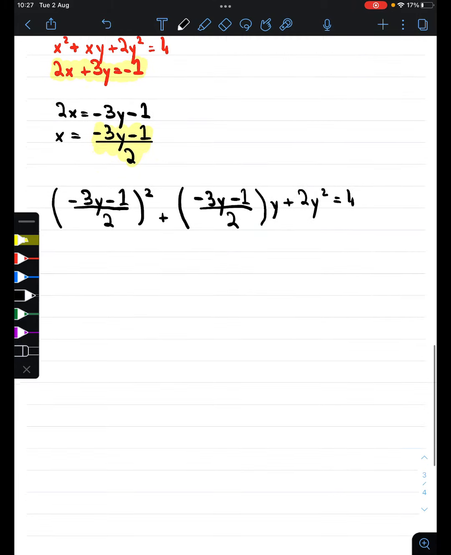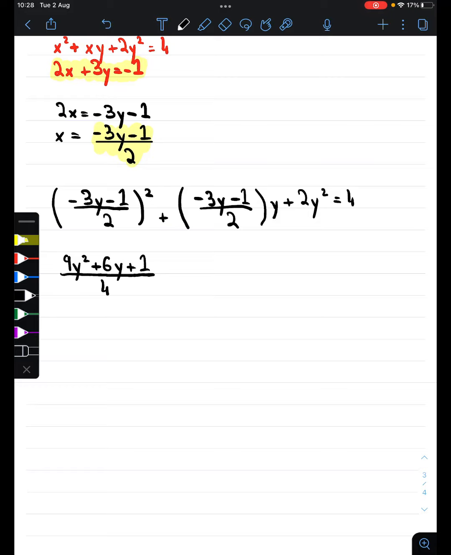And now if we work this out, we'll get (3y minus 1) squared, which is just 9y squared plus 6y plus 1 all over 2 squared, which is 4, plus, actually, we can write this another way.